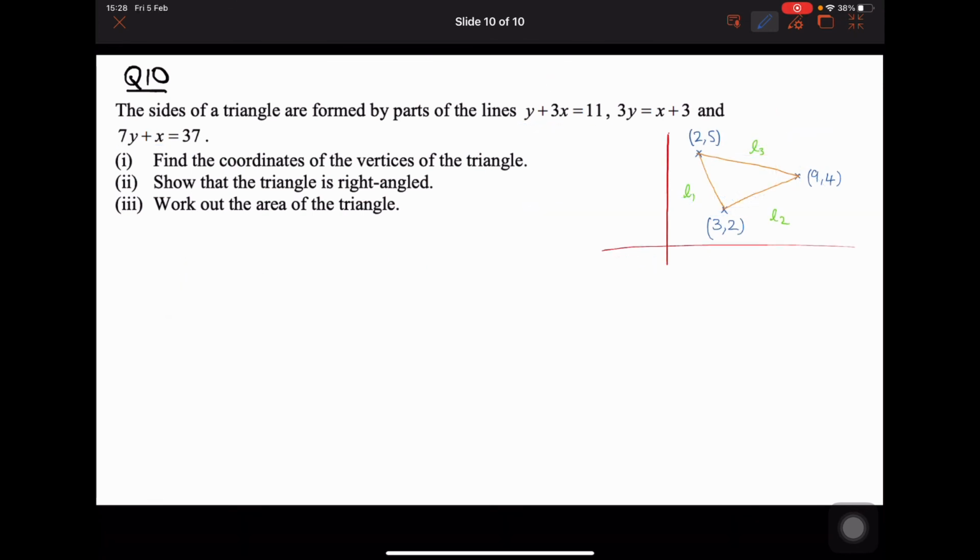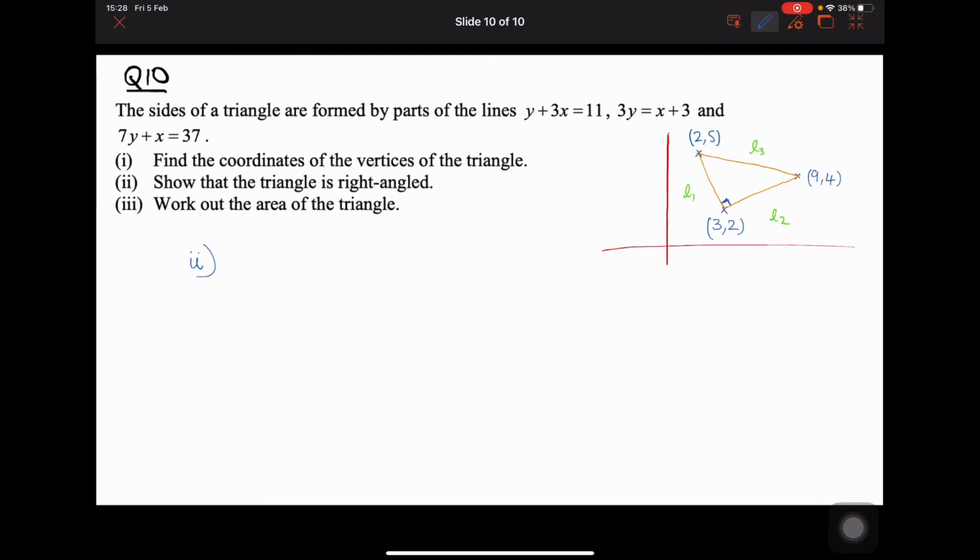So we plotted our points of intersection on a graph, joined them up and labelled our 3 lines. And so for part 2, we need to show that this triangle is indeed a right angle triangle. Now, I know it looks like a right angle triangle, but we need to prove it.